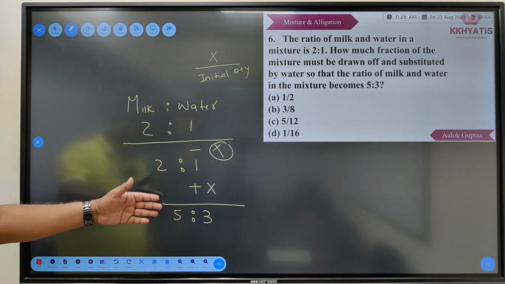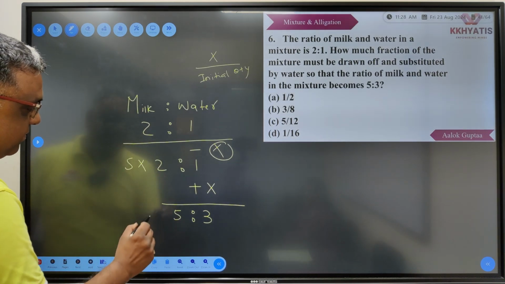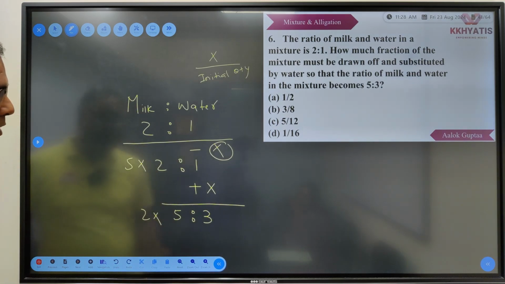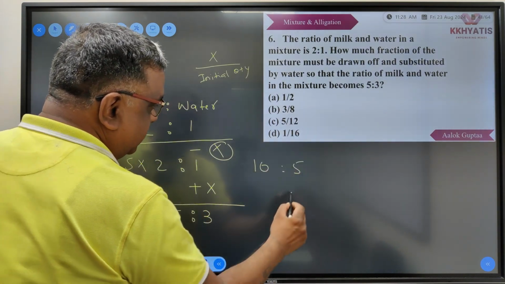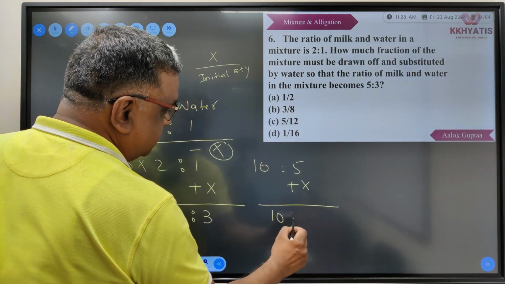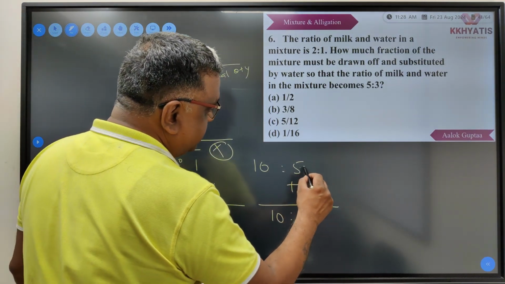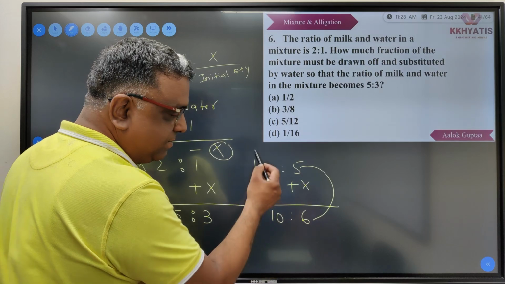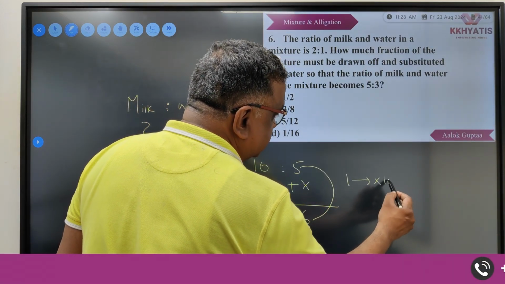Now in the second scenario, my milk is the same, but here the milk is not the same. So I will multiply this ratio by 5 and this ratio by 2. So it will become 10:5, then x is added, and here it will become 10:6. Yes or no? Which means the ratio was 5, it became 6, milk is the same here, which means an increase of 1 in the ratio, which corresponds to x liters.